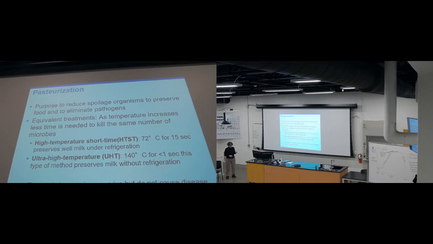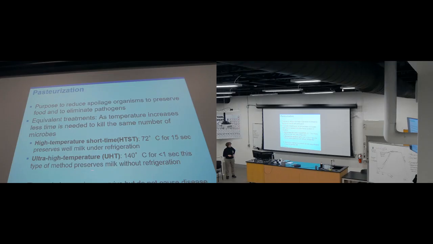So in HTST, you put your items in these chambers for pasteurization, and then you have the temperature rise up to 72 degrees Celsius for 15 seconds, and then you drop it really quick. So the fridge milk that we get from the grocery stores has been processed with HTST.